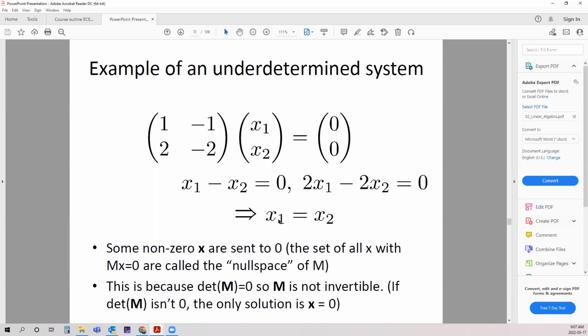Here we end up with x1 equals x2. Some non-zero x are sent to 0. The set of all x with Mx equals 0 is called the null space of M. This is because the determinant of M equals 0, so M is not invertible. If the determinant isn't 0, the only solution is x equals 0.